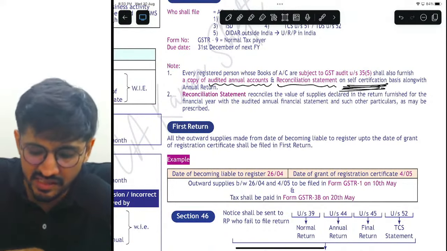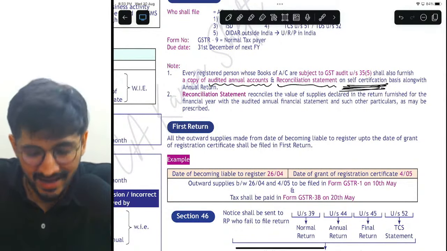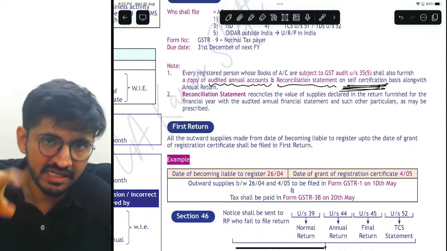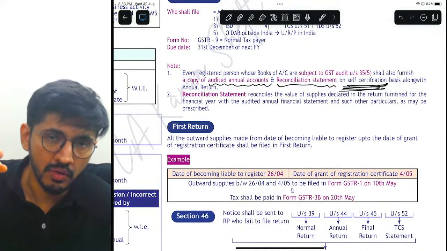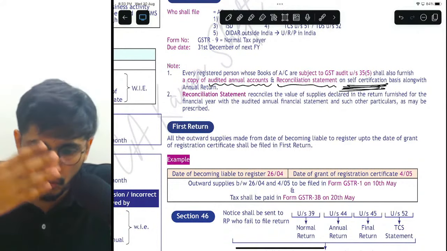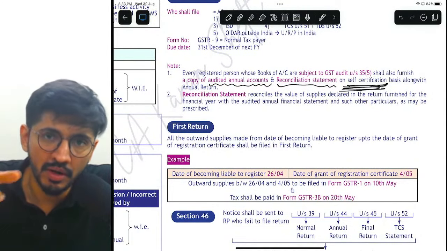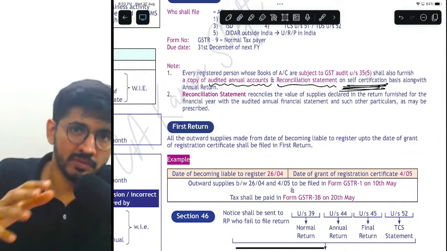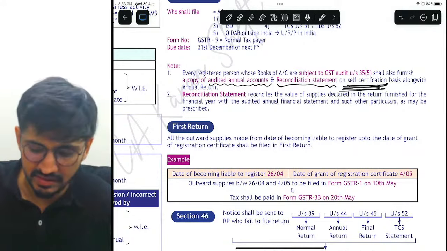Reconciliation statement is basically a statement that reconciles the difference between the audited annual accounts, that is the P&L and balance sheet, and the returns that you have filed across the period. They will actually do a recap of what is your sales and output supply, what is your purchase and your inward supplies, correct?